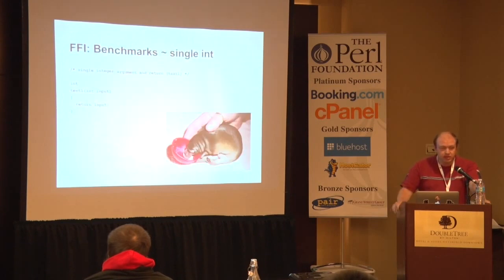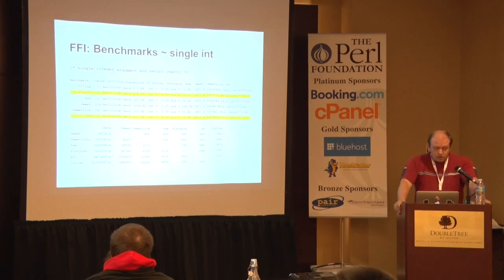The first benchmark I tried was the same really simple function that I showed you before, and a cute platypus. This is typical of the numbers that I was seeing. Platypus is actually pretty close to the Inline and XS performance.